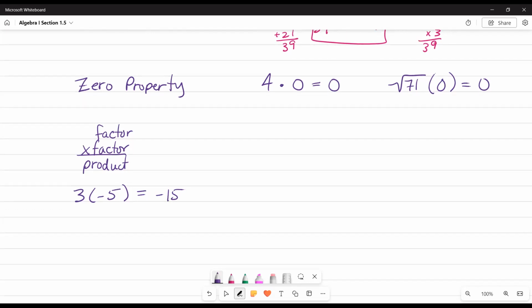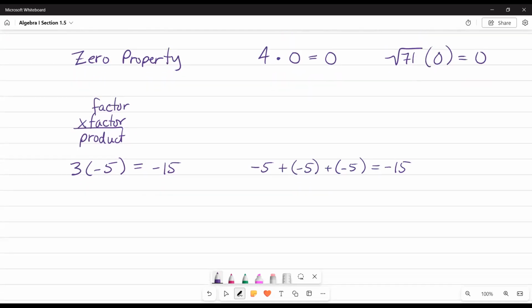So this is negative 5 added to itself 3 times, plus negative 5, plus negative 5. That's negative 10, and then it gives us our negative 15. So you can see why if you have one negative in your factors, your answer is negative.